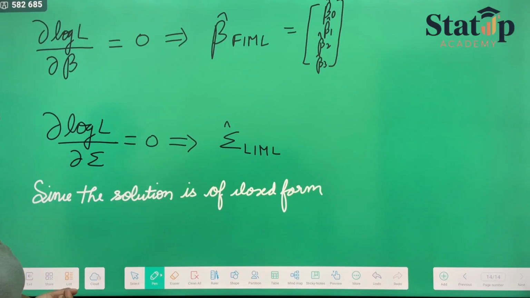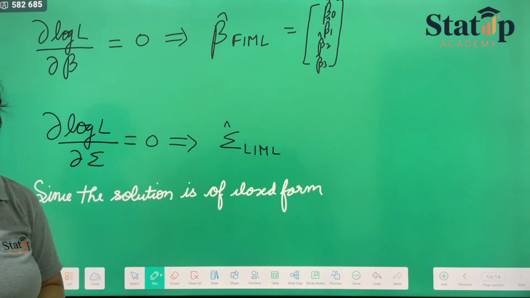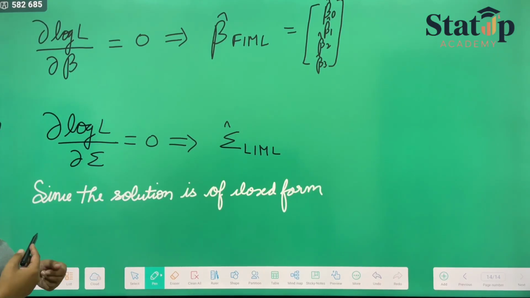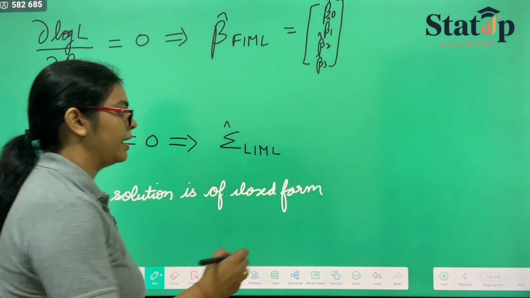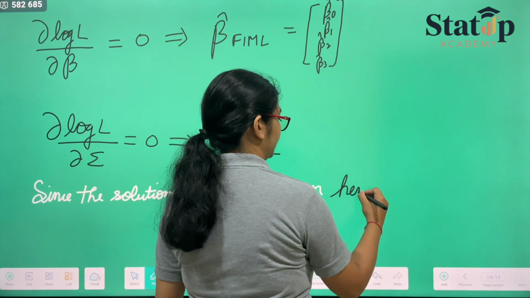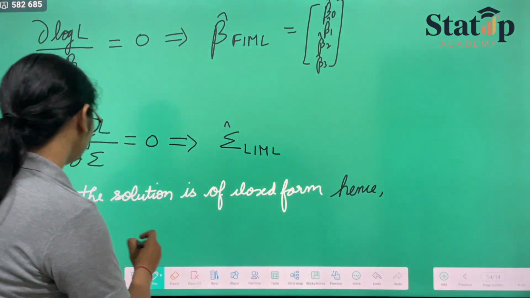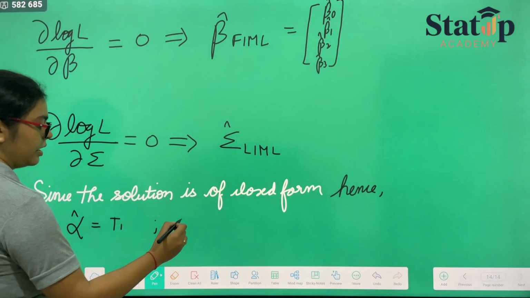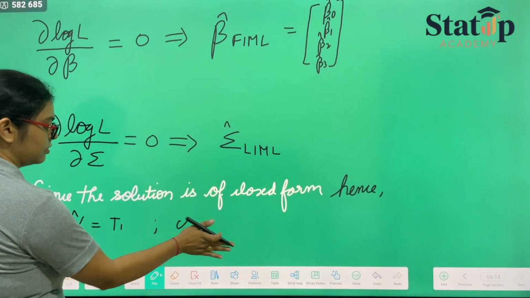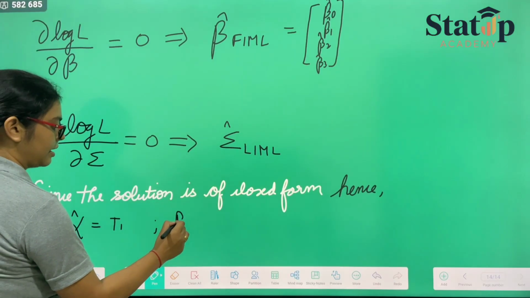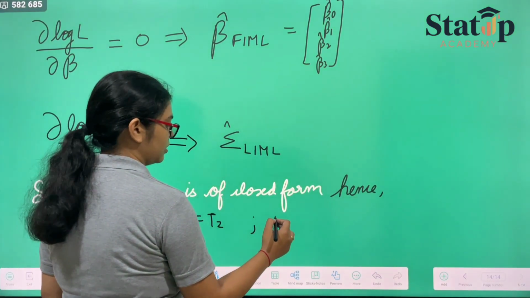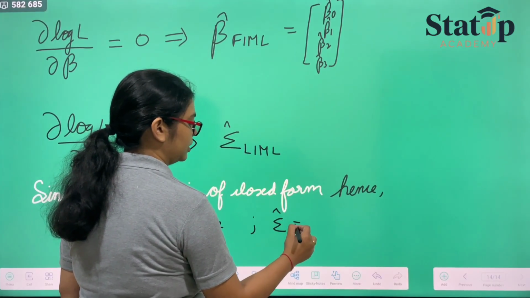We can solve it by that, by considering something, but here we get the direct value, so it is of the closed form. Hence we can write, alpha cap is nothing but T1, beta cap is nothing but T2, and sigma cap is nothing but T3.